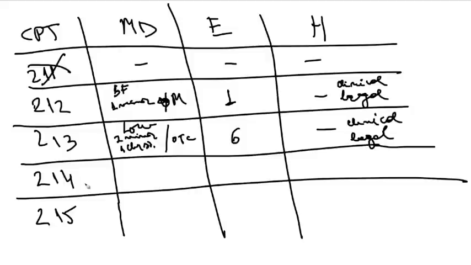Now, if you want to claim 99214, then you make sure that your medical decision is of moderate complexity. And what does moderate complexity mean? That means one chronic problem with exacerbation, or 2 chronic but stable problems. That's enough to qualify as moderate.